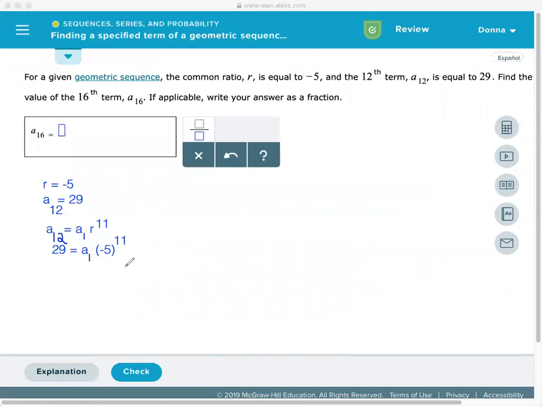And then we solve for A1 by dividing both sides by -5 to the 11th. Since 29 doesn't go into 5, I'm not going to try to rewrite that as a decimal or plug it into the calculator. I'm just going to leave it in that form. So I'm going to leave it as 29 over -5 to the 11th.